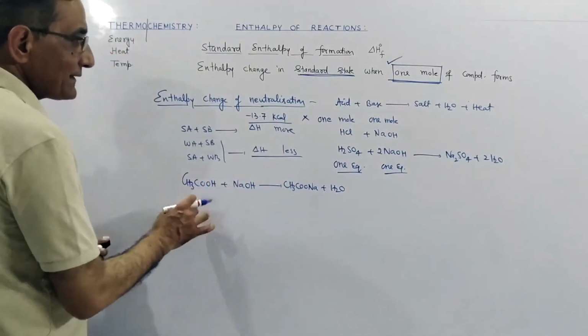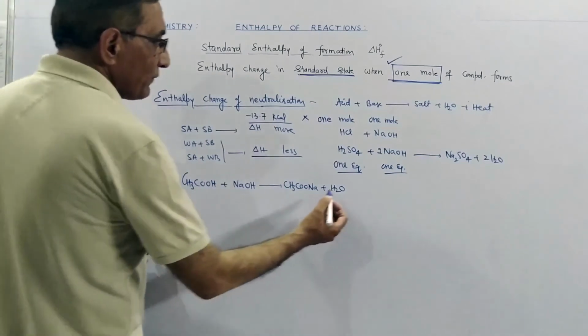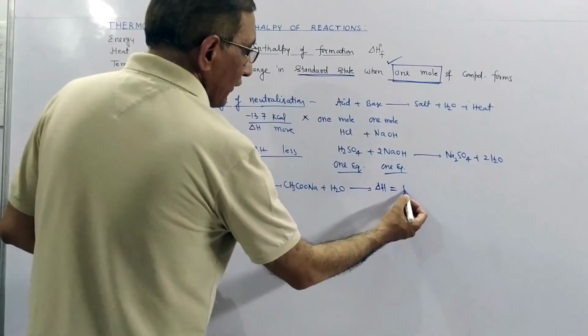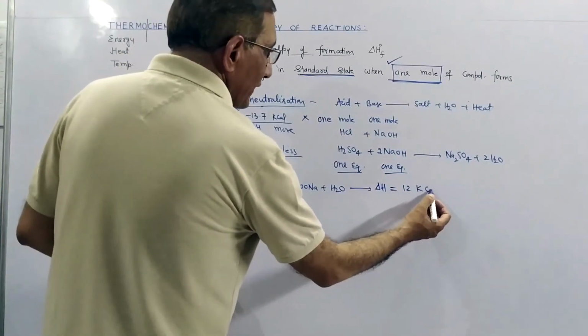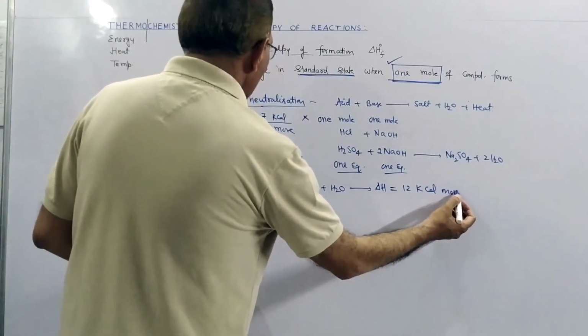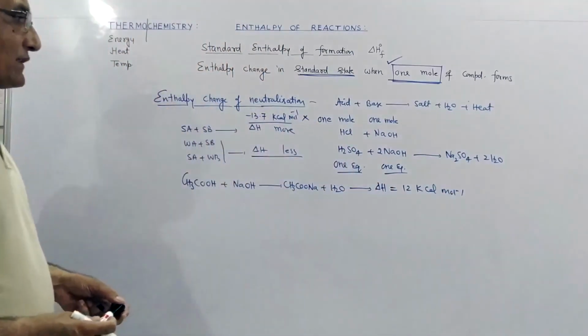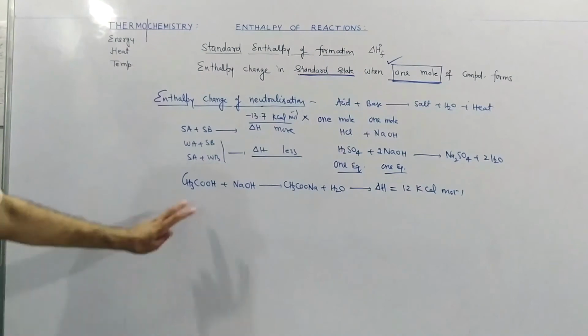Related to this, they can ask you the question that for this reaction, delta H is 12 kilocalorie per mole. Then what is the heat of ionization of acetic acid?